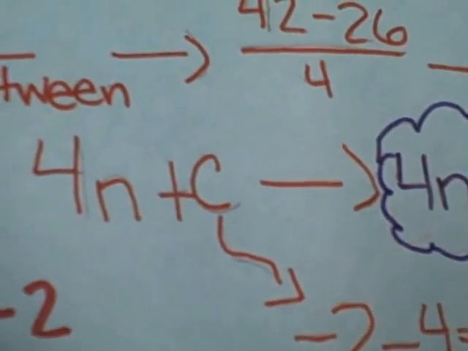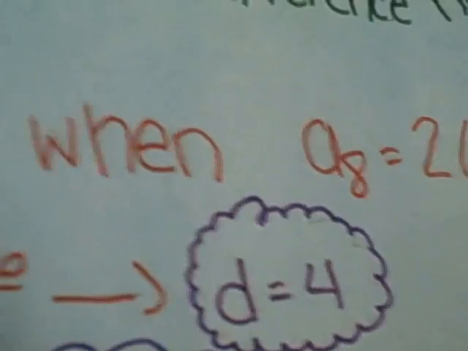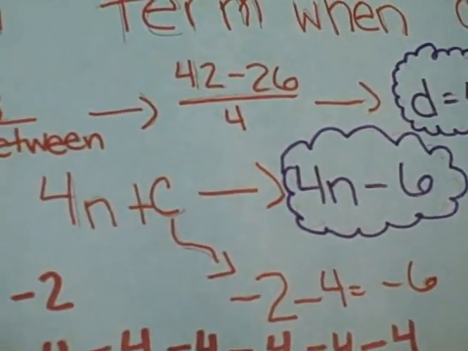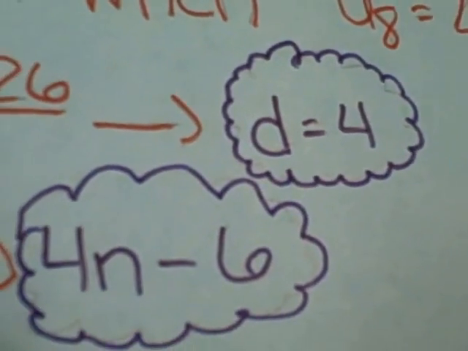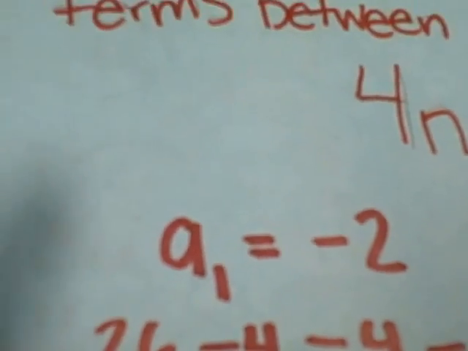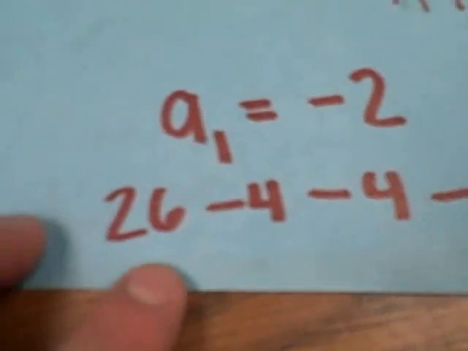now we're going to find c. And to find c, you need a1. And to find a1, you take one of the numbers given, and you multiply the common difference times the number of terms between that given number, a8, and a1. And that would be 7 times 4, which is the common difference.